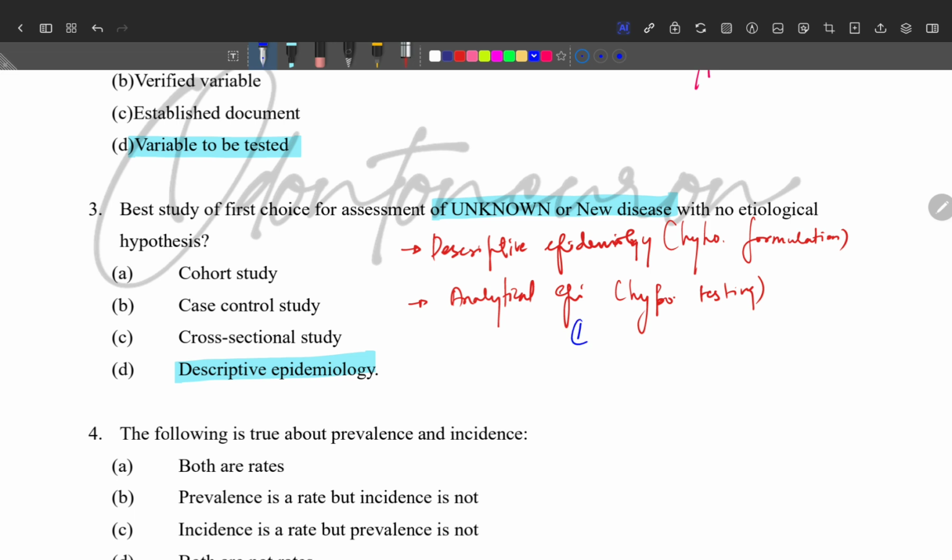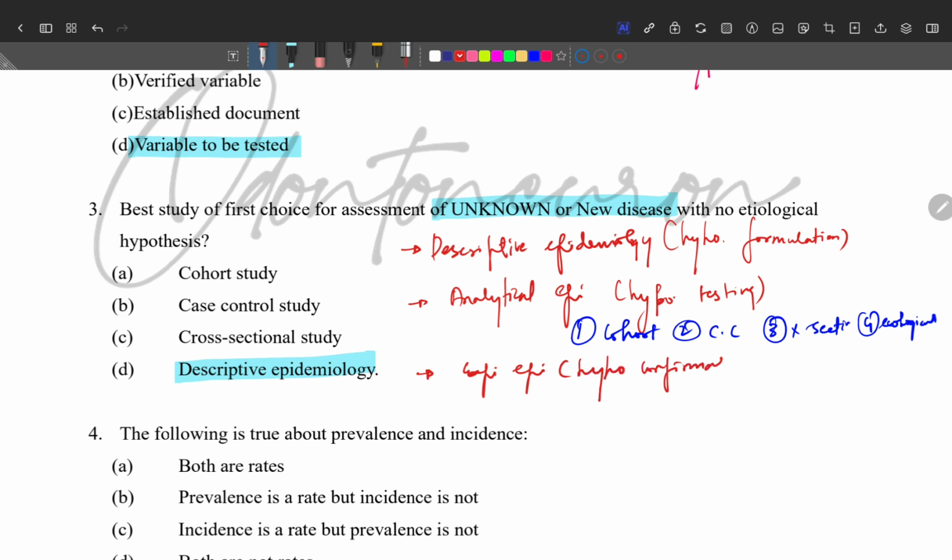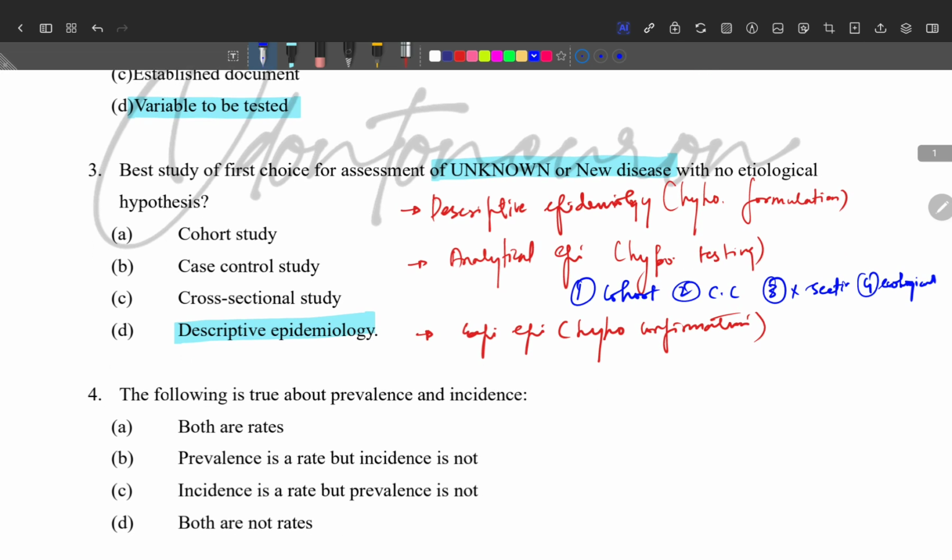You test it by the various studies which we studied earlier: cohort, case control, cross-sectional, or ecological. You test in various ways. And the last one is experimental epidemiology, in which the hypothesis is confirmed. So it's called hypothesis confirmation.